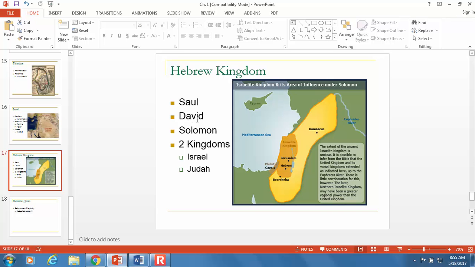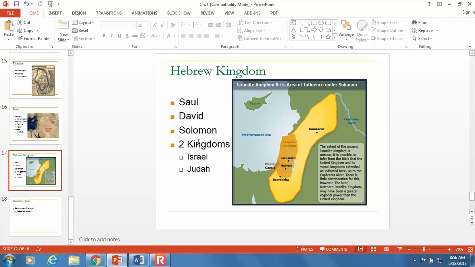But from a historical secular viewpoint, secular meaning worldly, Solomon is considered as having been the greatest. Like I said, David's my personal favorite, but it doesn't matter what my personal favorite is. Solomon is considered as having been the greatest.